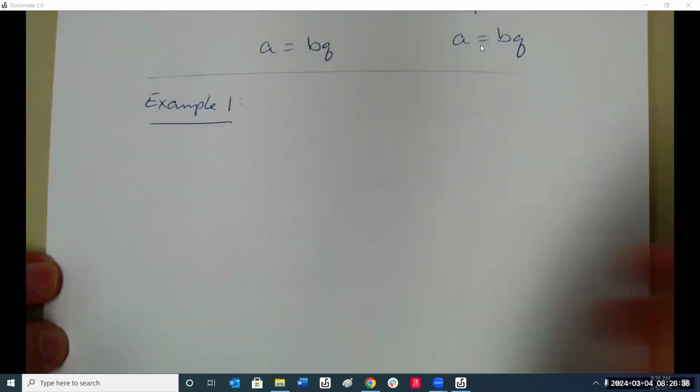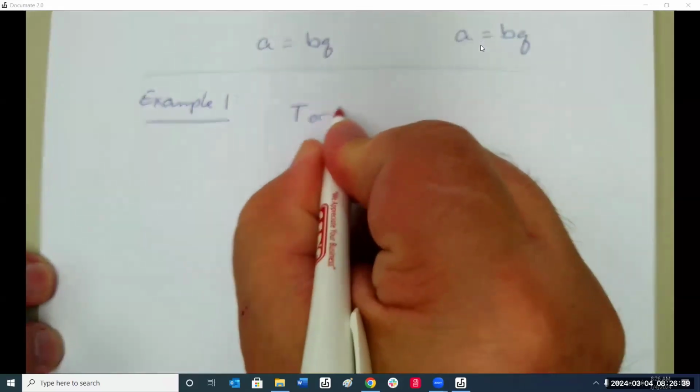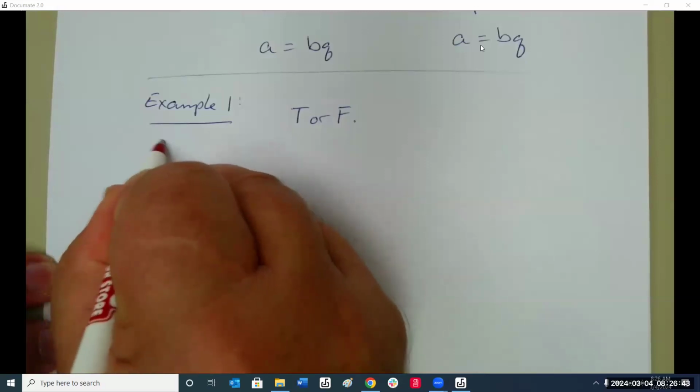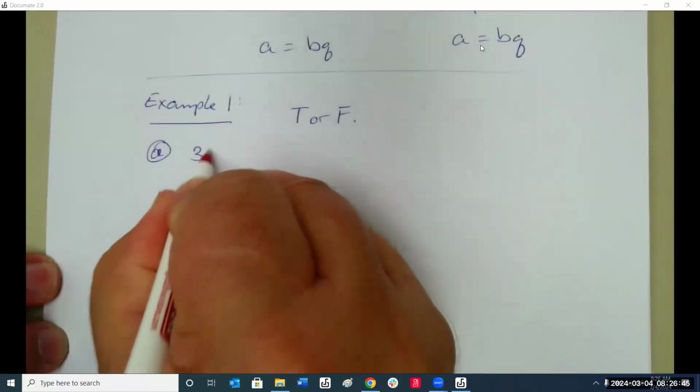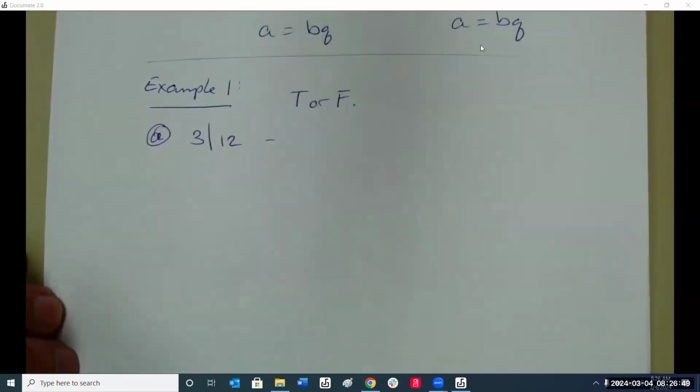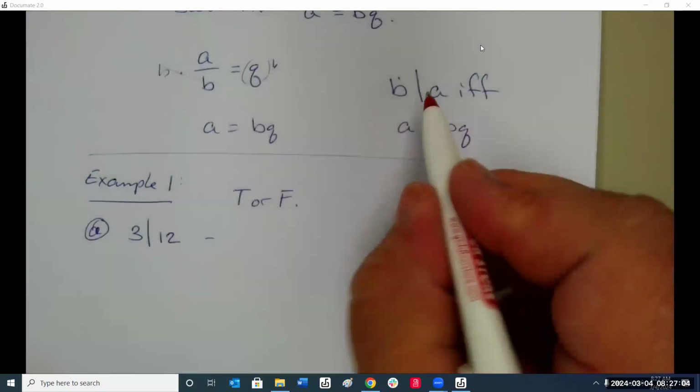Classify each of the following as true or false. A. Look at this.